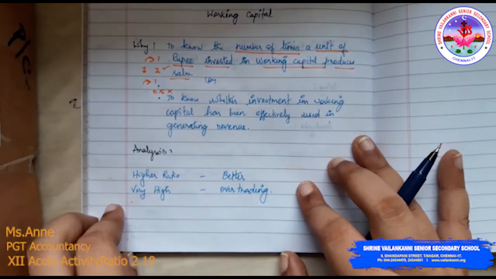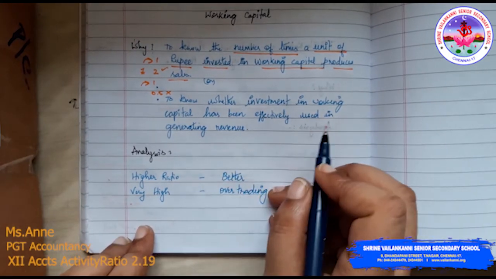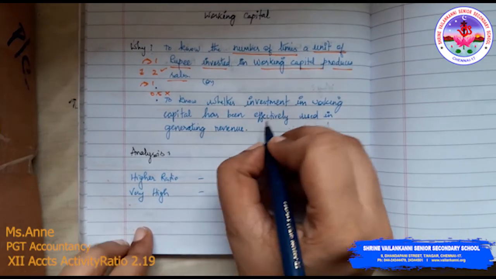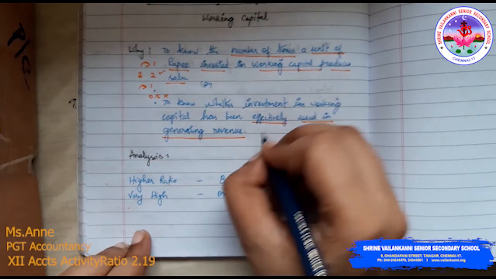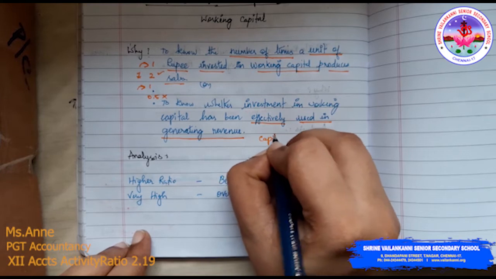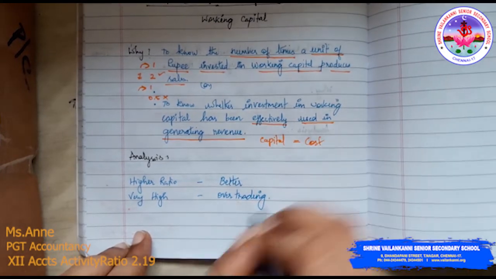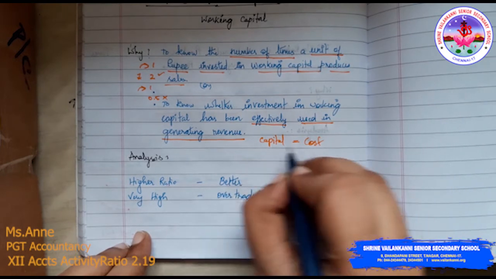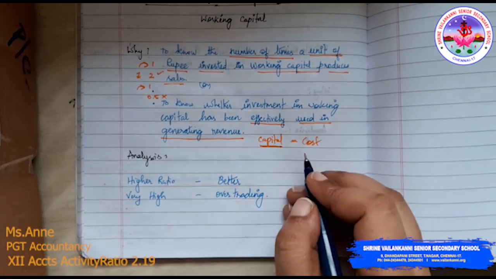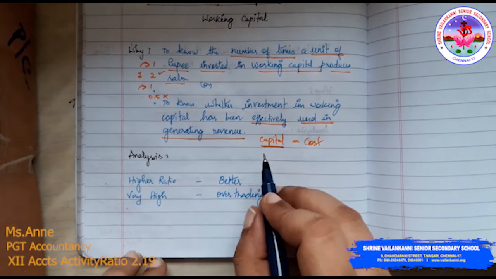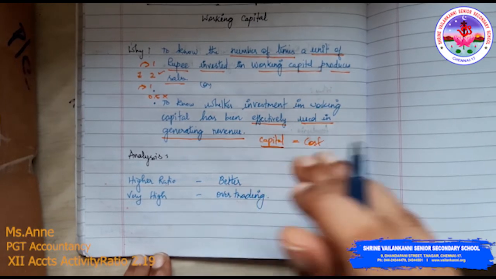The next purpose is to know whether investment in working capital has been effectively used in generating revenue. This is very important, because every capital that is invested has its cost. You cannot use capital where you do not have a cost. Equity, you need to pay dividend. Debentures, you need to pay interest.